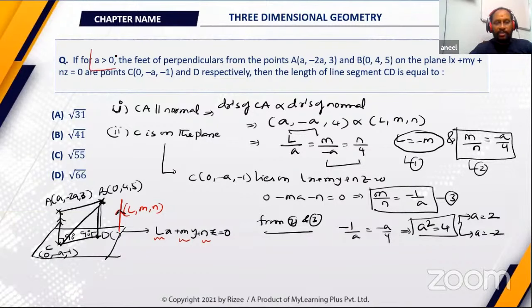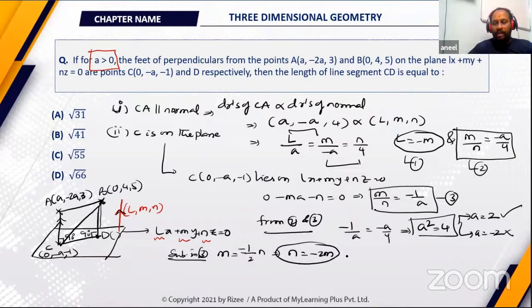So I need to consider only a is equal to 2, but not a is minus 2. Substituting in equation 3, I get M is equal to minus 1 by 2 into N, or M is minus N by a, where a is 2, so minus N by 2, or N is equal to minus 2M. N is minus 2M. L is already minus M.